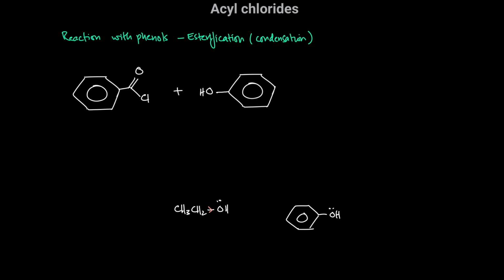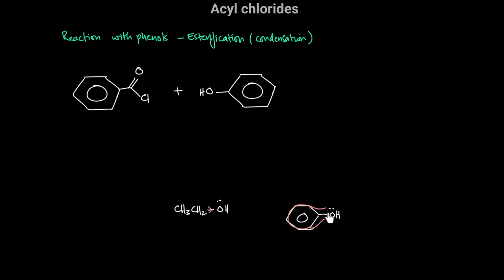It increases the electron density on the oxygen. Whereas with phenols, we've learned that we have delocalization of the lone pair, or resonance. And what happens because of this resonance is that some of the electron density is withdrawn away from the oxygen towards the ring. The delocalization of electron density means that there's lesser electron density concentrated on the oxygen, which means that this oxygen is less nucleophilic than the oxygen that we have in ethanol.